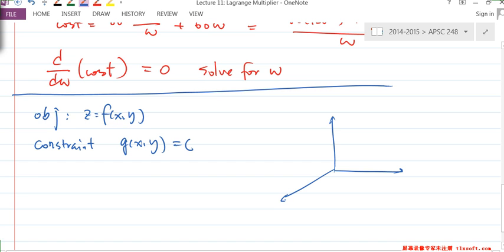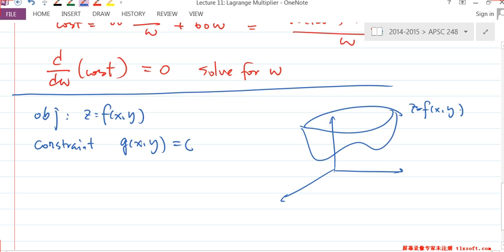So let's say I have a surface. We want to make use of what we have learned here to come up with a very simple conclusion. So now suppose that this is my constraint.